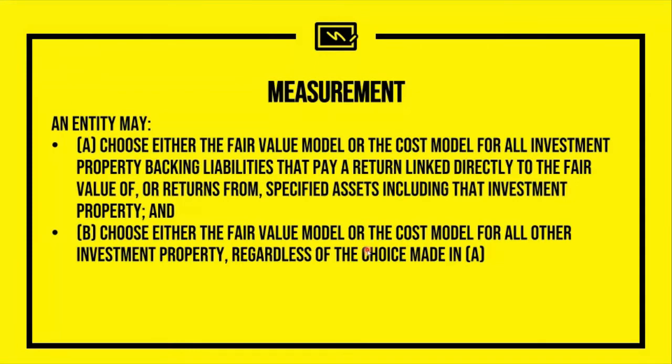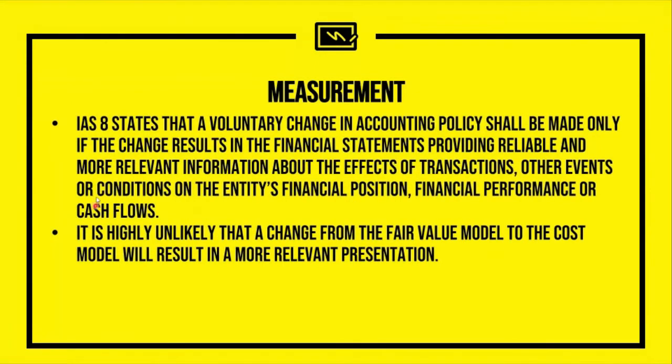Okay? But there is a caveat here, because in choosing an accounting policy, or in changing an accounting policy, it should be made only if the result in the financial statement will provide a more reliable and more relevant information.